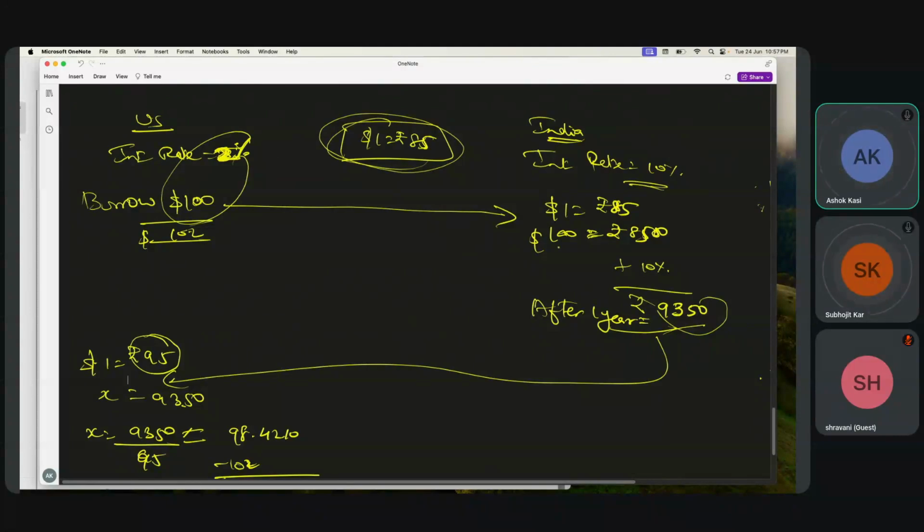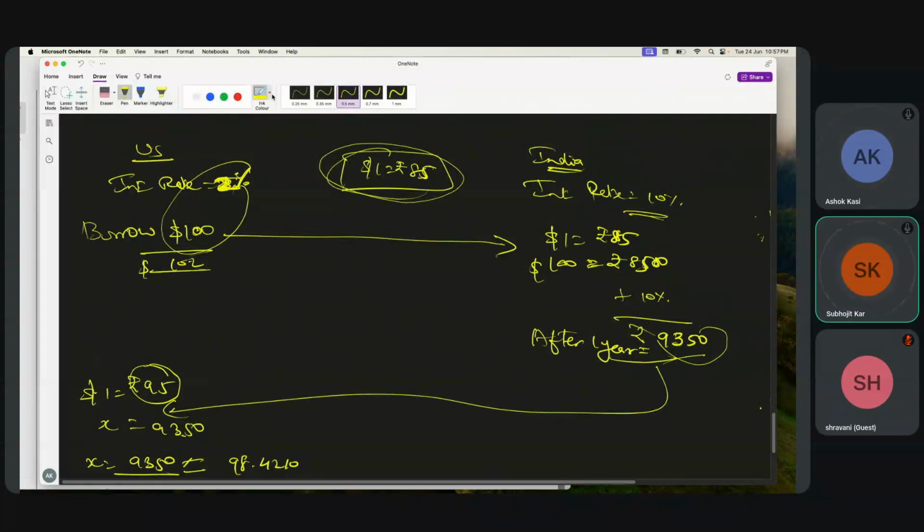If it had become stronger, imagine, say it was 80. So 9,350 divided by 80, where $1 is equal to 80, is 116.875.